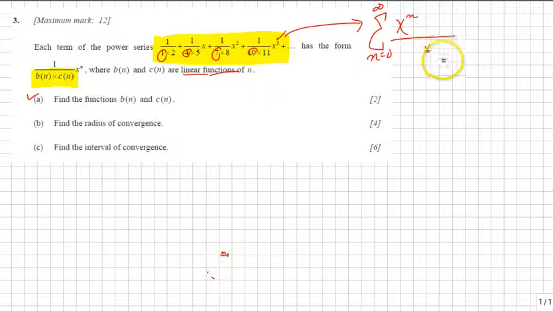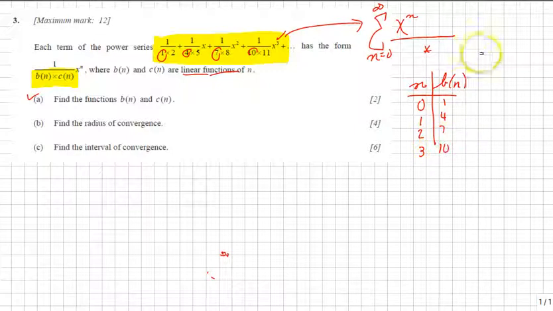Well, if you take a look at those numbers, I'm going to set up a little table for the n value, the term value, and the value they're calling b of n, so let me label it as b of n. So a little table, 0, 1, 2, 3. Since they gave us the first terms of the power series, notice the first numbers are 1, 4, 7, and 10.